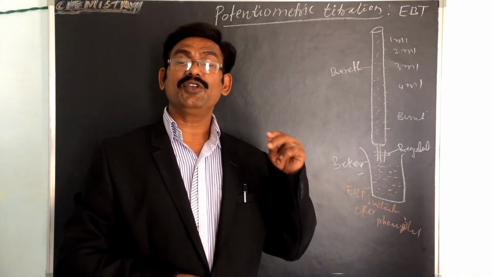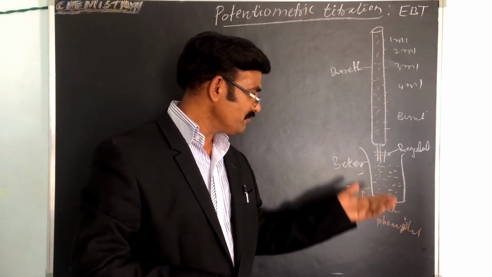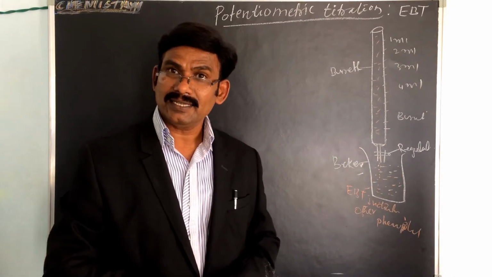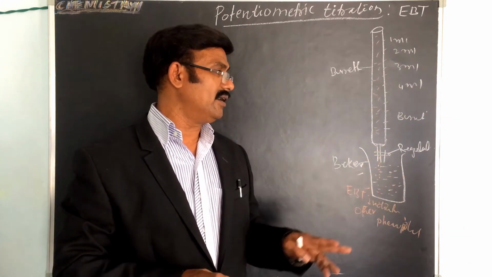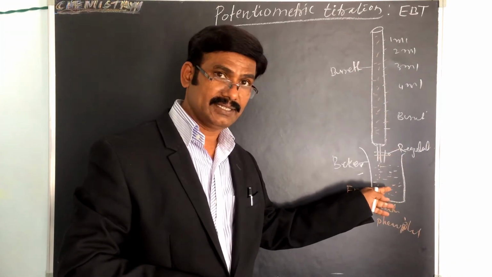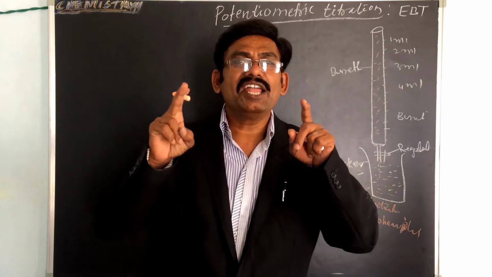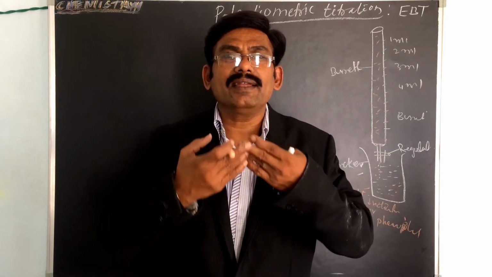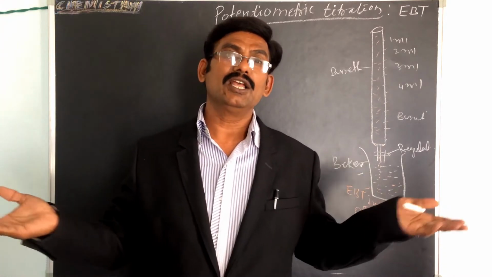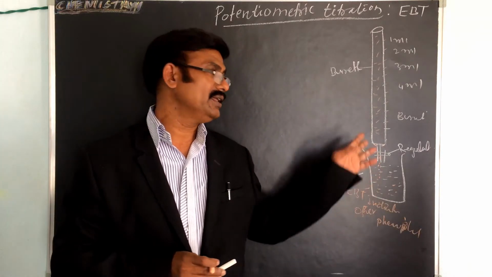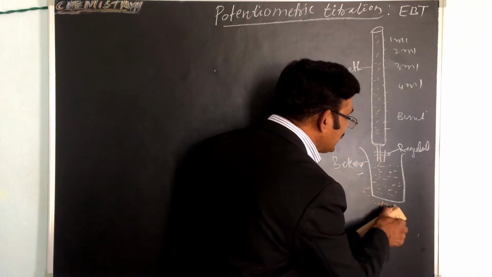If you use the electrodes, there is no need to add EBT, phenolphthalein, methyl orange or dichromate in this beaker before titrating. A potentiometric titration is one in which the endpoint is detected by measuring changes in the potential of a suitable electrode during the reaction. So in this case, we don't add any indicator.